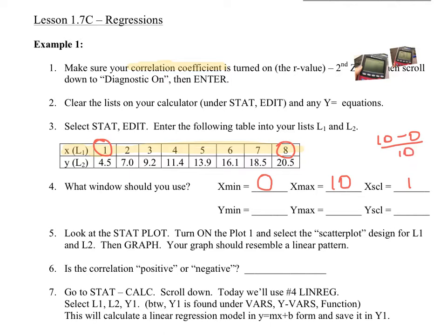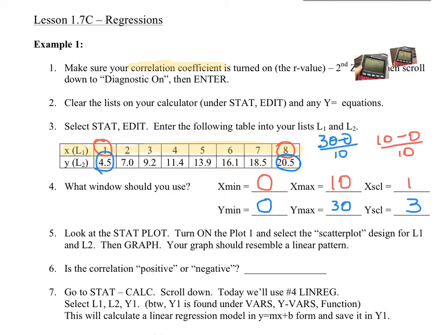Okay, for the Y values, we're going for 4.5, and we want to round that down, so we're going to round that to 0. And 20.5, we round that up, so we round that to 30, and then we figure out our scale, 30 minus 0 over 10, so that turns out to be a scale of 3.